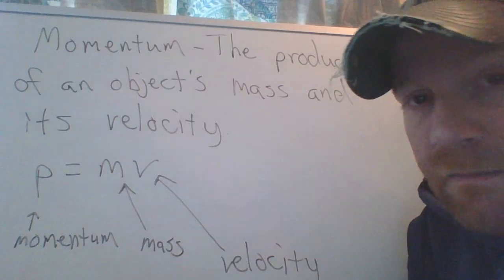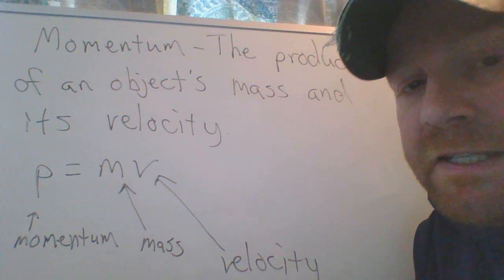If you've ever seen a race car going around a racetrack, what is that race car almost constantly doing? It's not changing its speed, but it's changing its direction. So even though the speed is not changing, in the world of physics, we say that if an object is changing direction, its velocity is also changing.